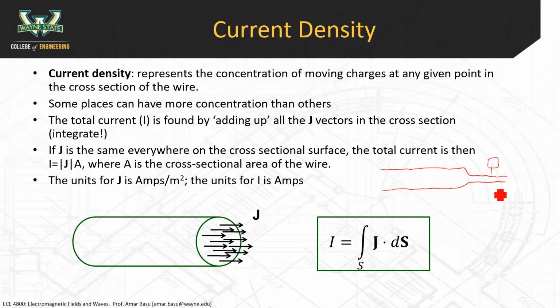If you've done printed circuit board design, you'll know exactly what I'm talking about. Wherever the copper trace narrows like this, this part has a wide cross-sectional area and this part has a small cross-sectional area.